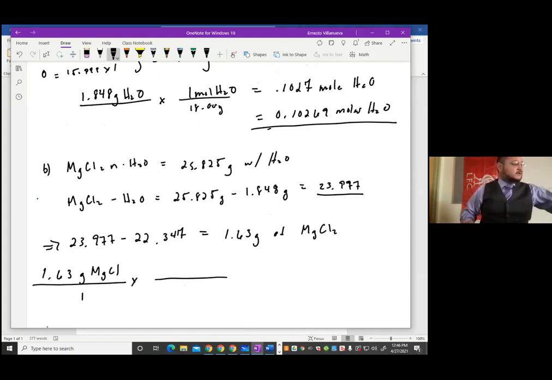Magnesium chloride, let me do the molar mass real quick. 24.31 plus 35.45 times 2 gives me a total mass of, so 1 mole over 95.21.